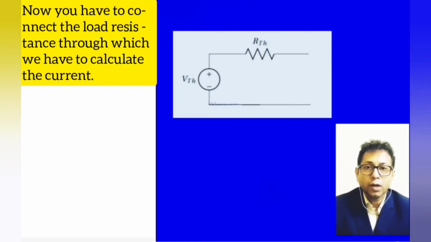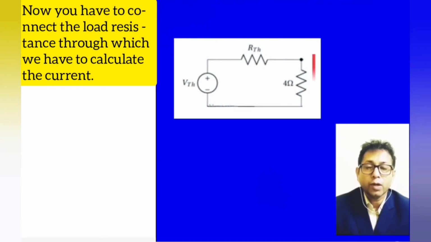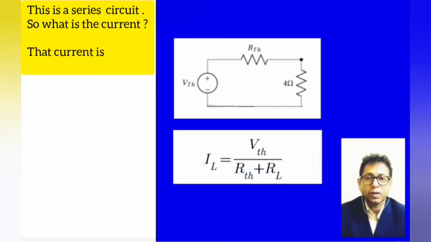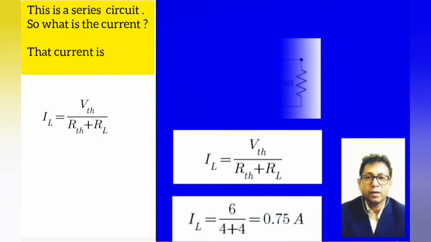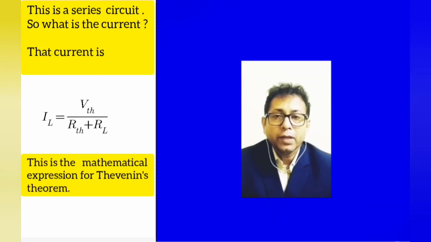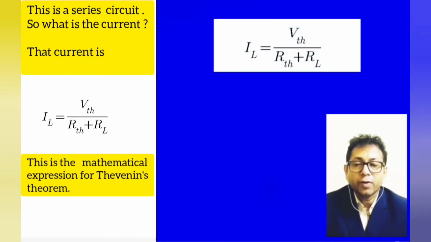Now you have to connect the load resistance through which we have to calculate the current. This is a series circuit, so the current is VTH divided by RTH plus RL.